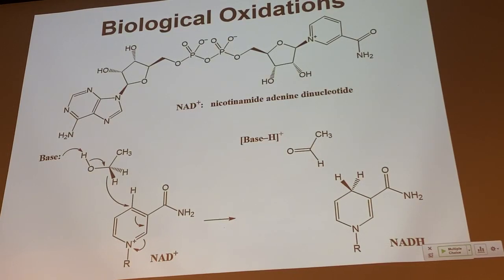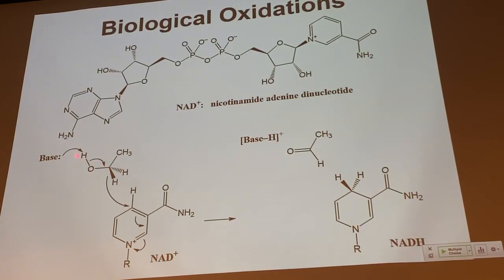So you have a lot of hydrogen bonds between this part of the molecule and the active site of the enzyme to put it in the right location. It's this part right over here, the 6-membered ring with the positively charged nitrogen, that is functioning as the oxidizing agent. So your alcohol gets to a certain spot in the active site, and it's going to be held there also by hydrogen bonding to the side chains of the amino acids in the active site.